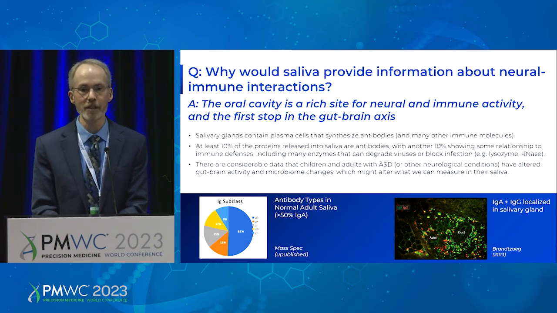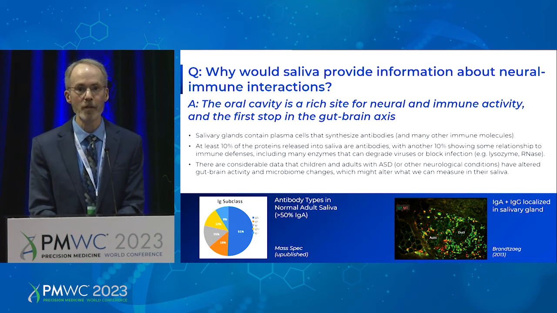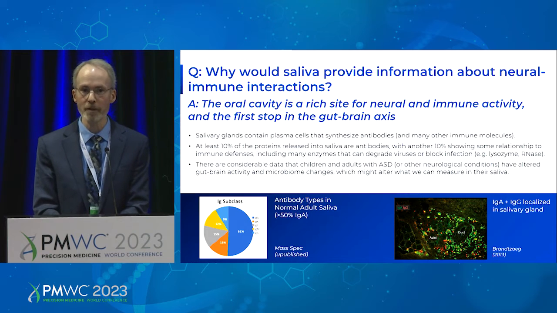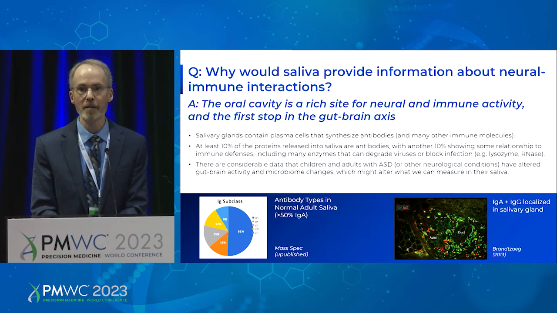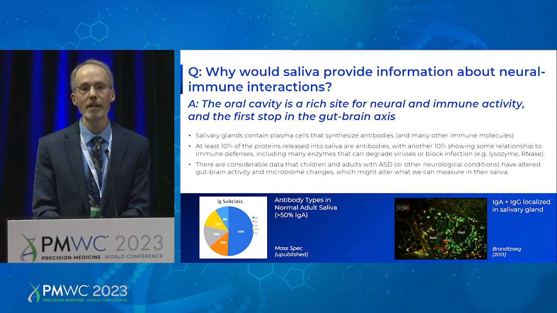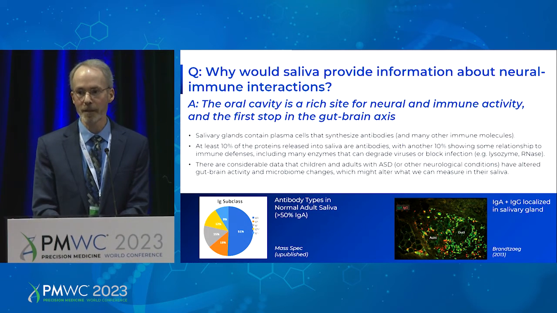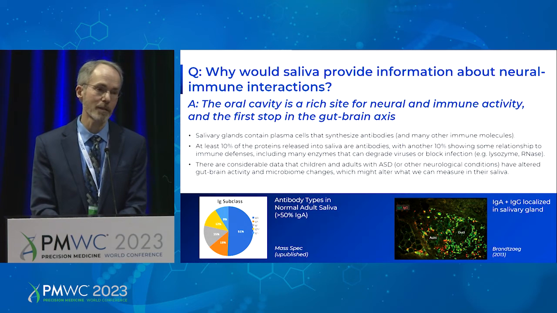IgAs and IgGs made in plasma cells are released in the saliva, and we can measure those, which comprise about 10% of all the proteins in saliva, as well as other proteins involved in defense against infectious agents. It turns out that the microbiome, as I mentioned right at the beginning, is altered in ASD, as well as Parkinson's disease and other neurological conditions.